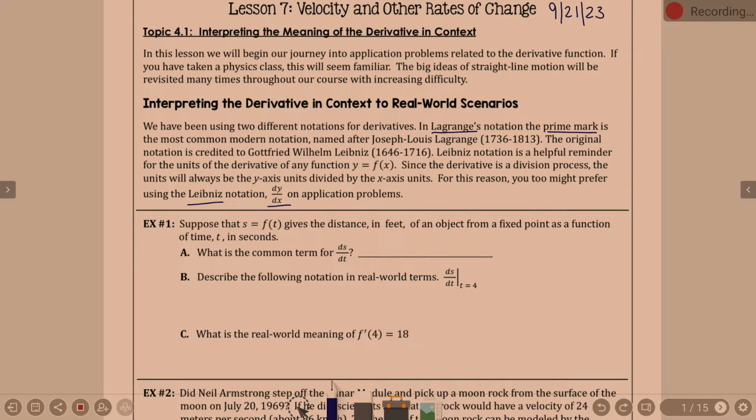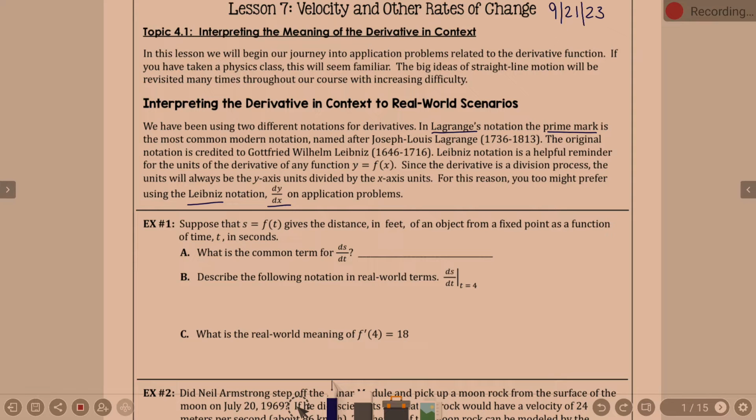Suppose that s equals f of t gives the distance in feet of an object from a fixed point as a function of time t in seconds. What is the common term for ds dt? Velocity.